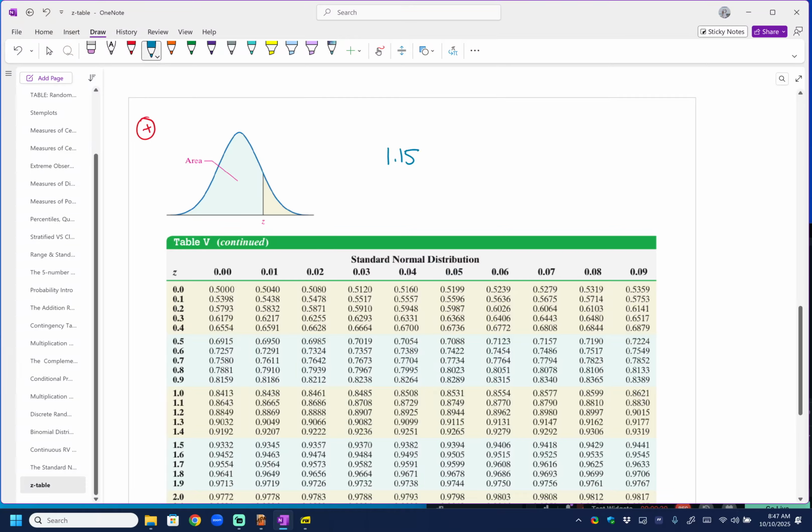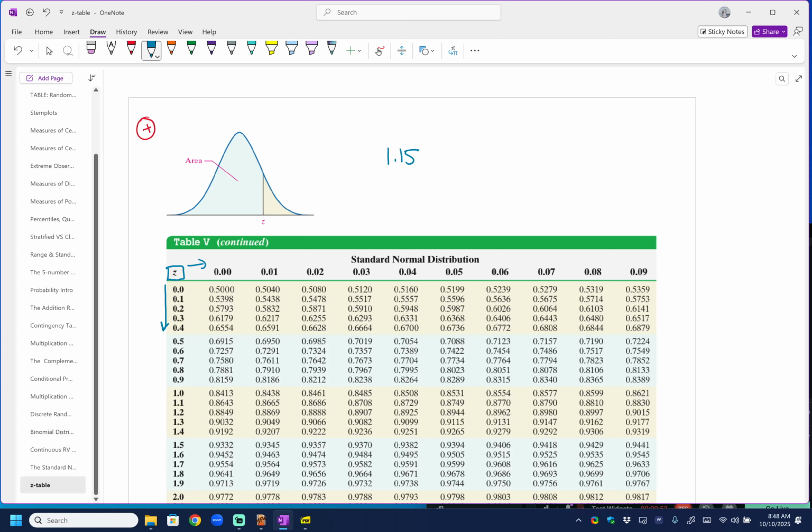If you look closely, you'll see the variable z is located right here. It turns out that all of the numbers in these rows are going to be essentially the ones spot of the number and the tenths spot of the value, whereas these numbers are going to be the hundredths spot.